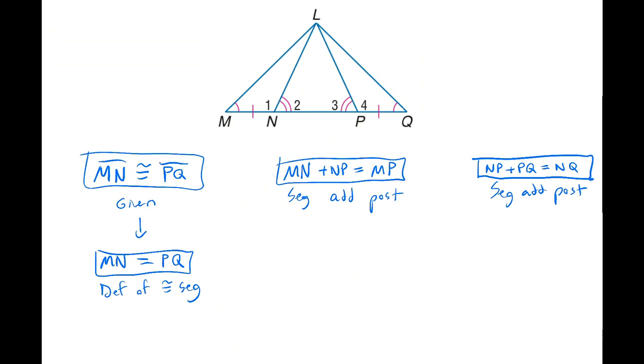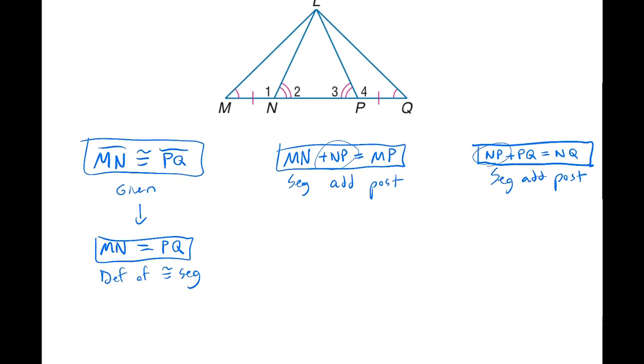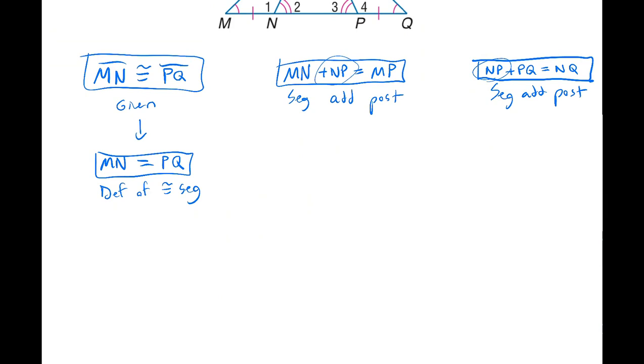Okay, so now how can we use this? We know MN is the same as PQ. Okay, so what we need to do though is see that there's this extra NP in both of them. So what I'm going to do is take this one and add NP to both sides.